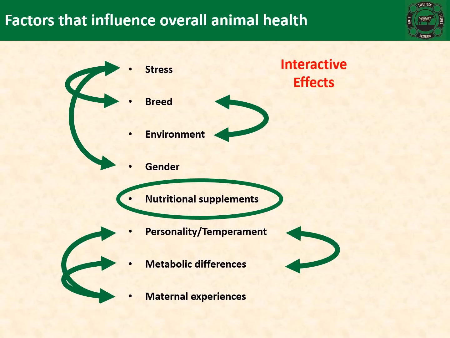For example, we have documented that the innate immune response is significantly different between common temperamental cattle. However, there are also significant metabolic differences between these cattle. Therefore, while the differences observed in the innate immune response may be genetically driven, it may also be significantly influenced by the metabolic differences between these cattle.